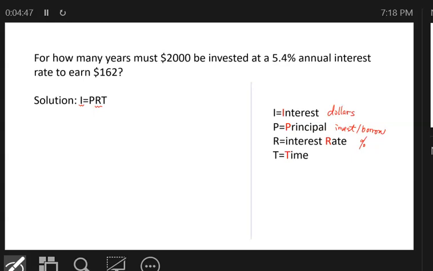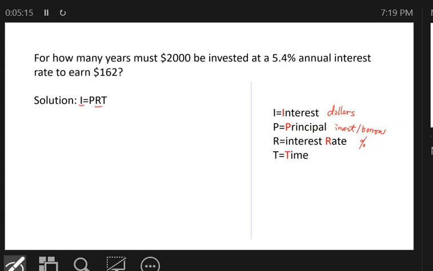The higher the rate is, the more money we have to pay, and times the time, because the longer we borrow money, the more interest we have to pay. Or the longer you keep your money at the bank, the more money you will earn. So it makes sense that interest equals the money we borrow or invest, times how high the rate is, times how long we keep the money at the bank, or borrow the money from the bank.